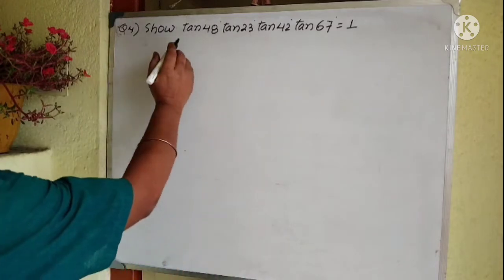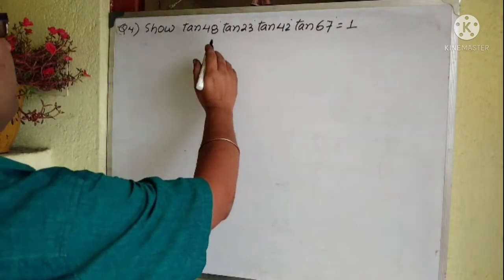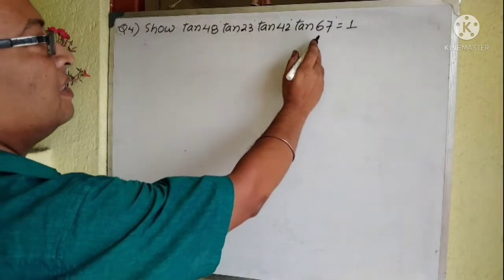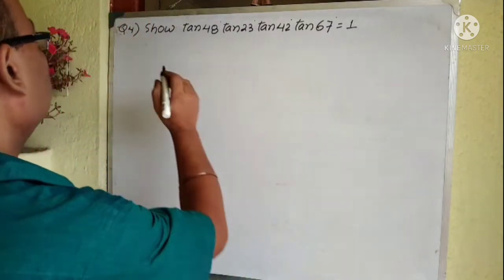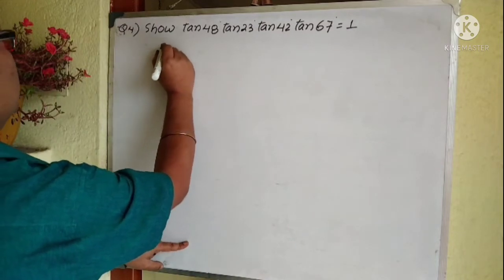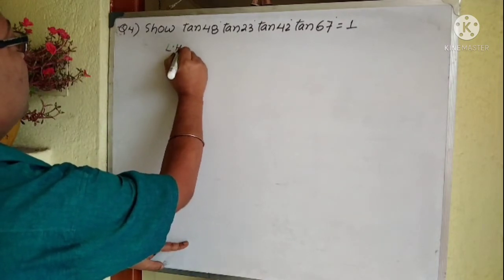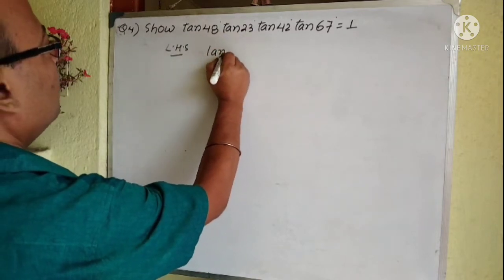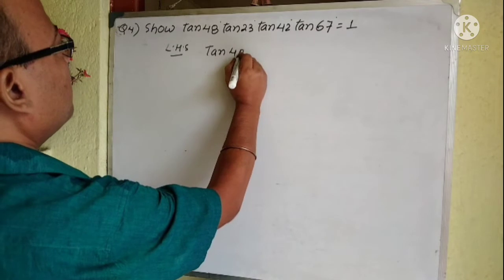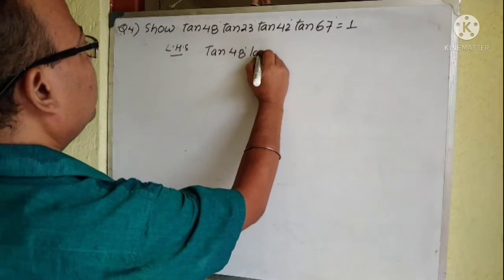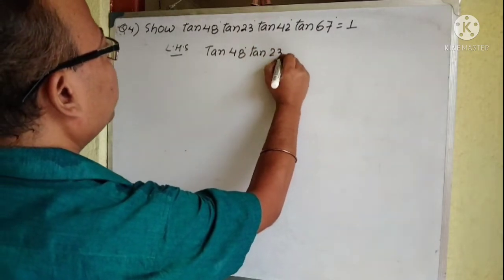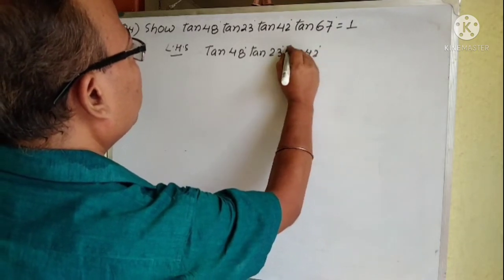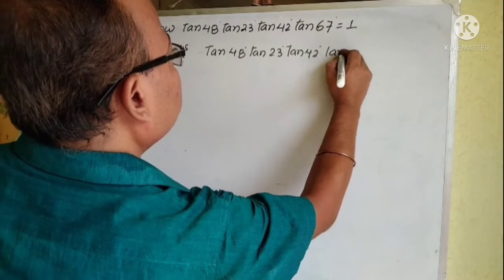Okay, now we will solve this question. Show tan 48 degree, tan 23 degree, tan 42 degree, tan 67 degree is equal to 1. So we will take the left hand side. So tan 48 degree, tan 23 degree, tan 42 degree and tan 67 degree.